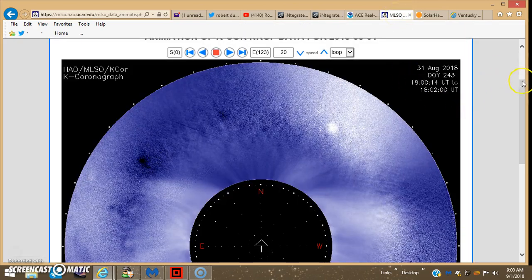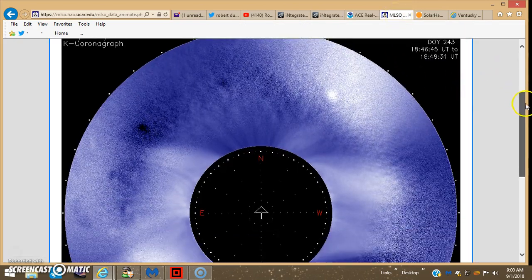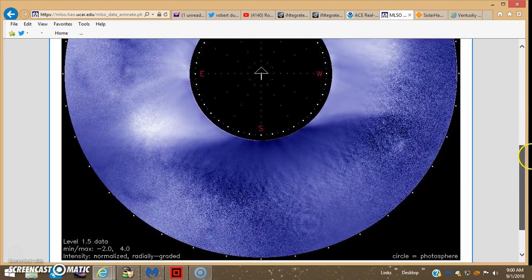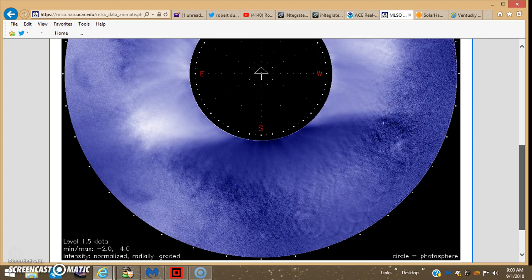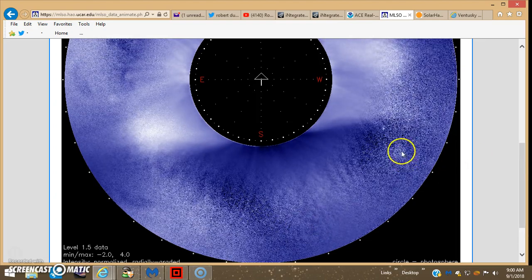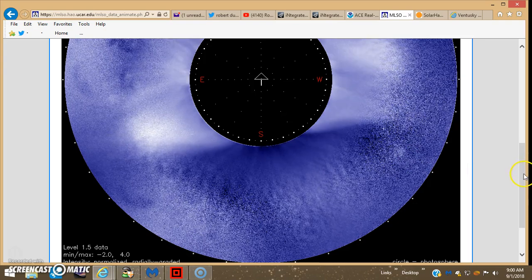I pulled up the latest run on the Mauna Loa Solar Observatory. I made a video on this yesterday. You can see we're still getting these circle deals, which I think might be planets.